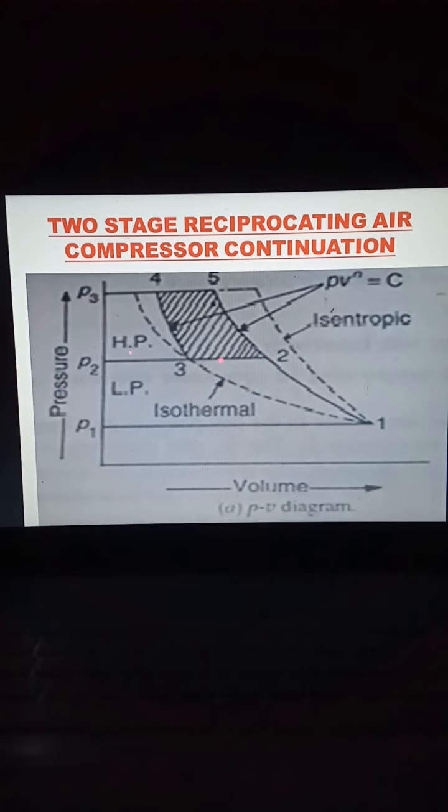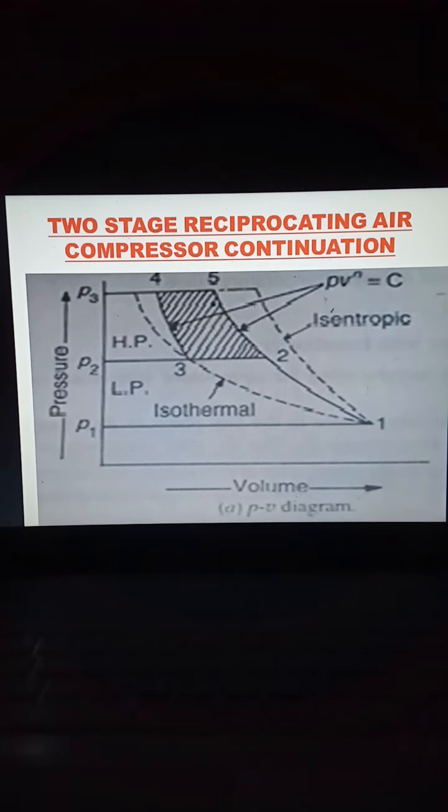Here the shaded area gives the amount of work which is saved as a result of two-stage compression. You can see from the figure, as P2 tends to P1, this area varies, and as P2 tends to P3, this area varies.